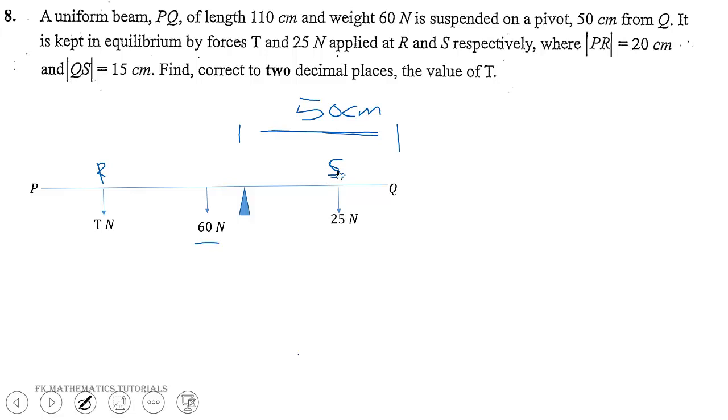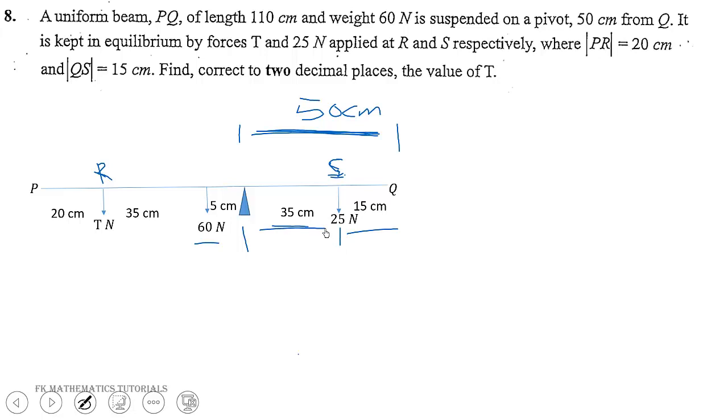And we're given the distances. PR is 20 centimeters, and we're also given QS as 15 centimeters. So it means we will have the demarcations like this. Since this is 15 centimeters and the whole thing from here to here is 50, this would be 35 centimeters.